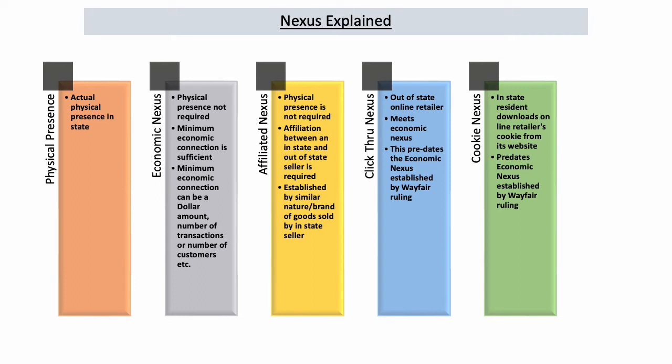So the affiliated nexus is established when there's an out-of-state seller who has an affiliate in the state, and that affiliate is selling a similar nature service or a similar brand of goods which is held by the out-of-state seller.